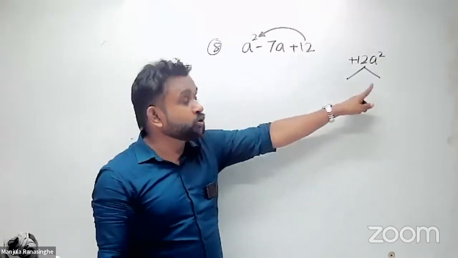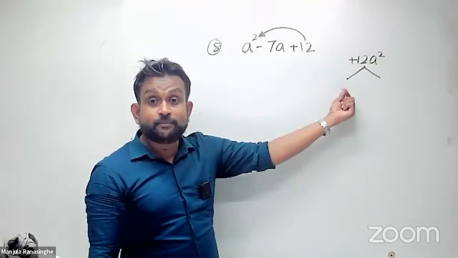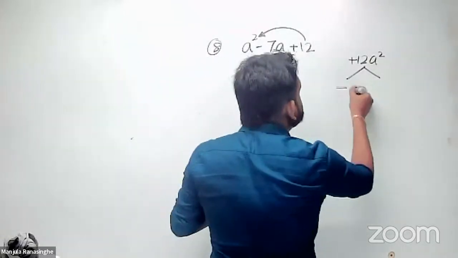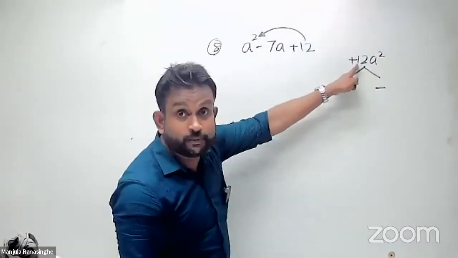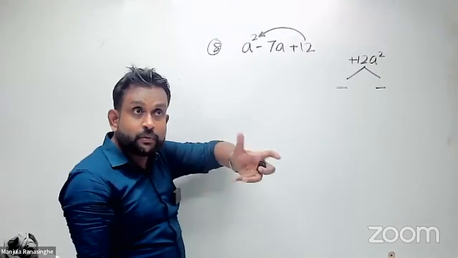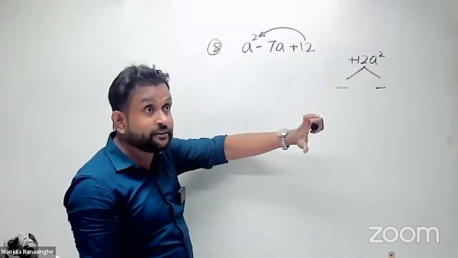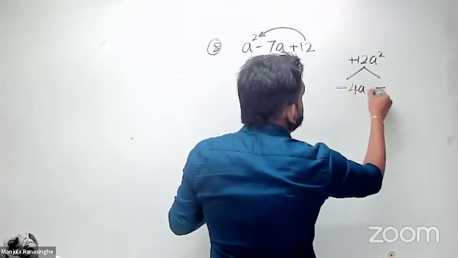So multiplication plus and addition 7, which means both the multiplied terms shall be negative, because negative multiplied by negative is positive, and addition 7. So what is the pair having multiplication 12 and addition 7? 4 into 3. So you write 4a and 3a.